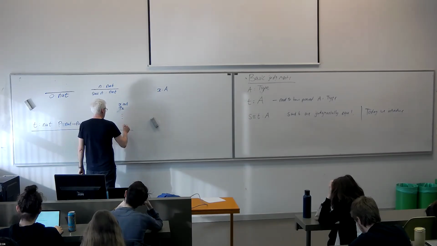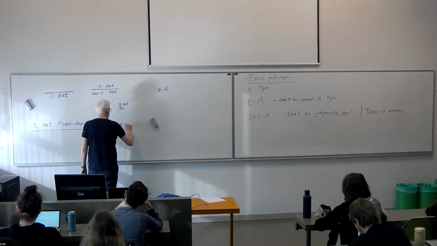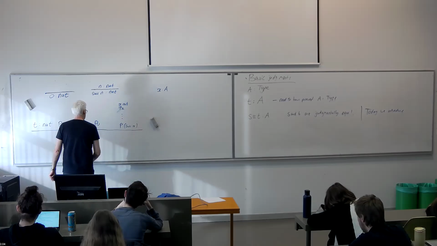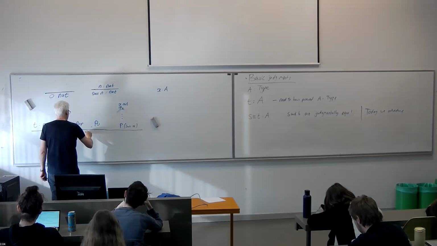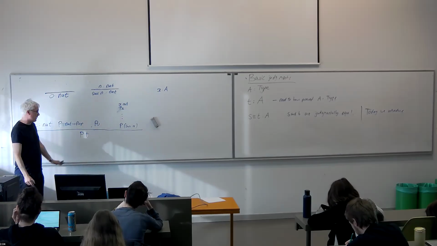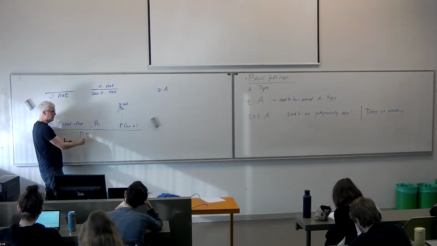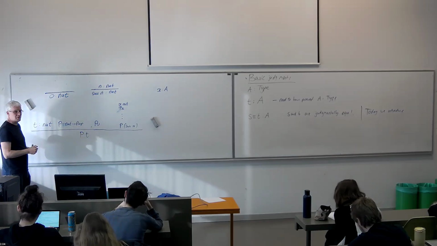If from those assumptions we can derive P holds for the successor of x, then under those conditions P holds for T. We could conclude for all natural numbers P holds, but then it doesn't look so much like an elimination rule.